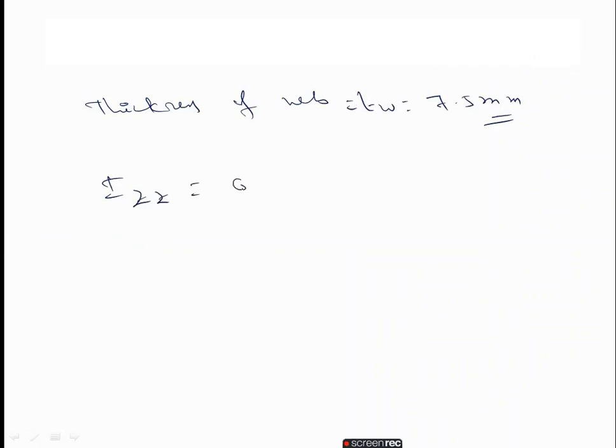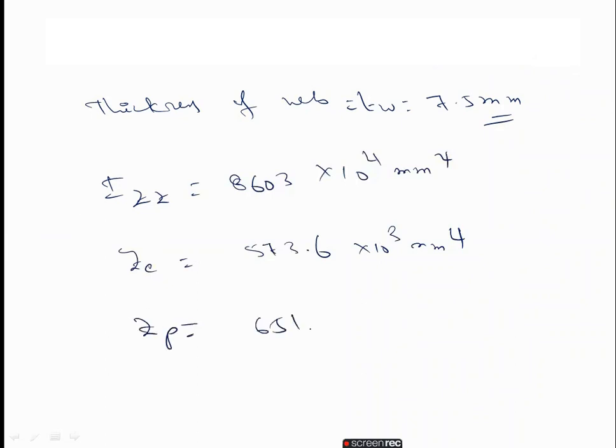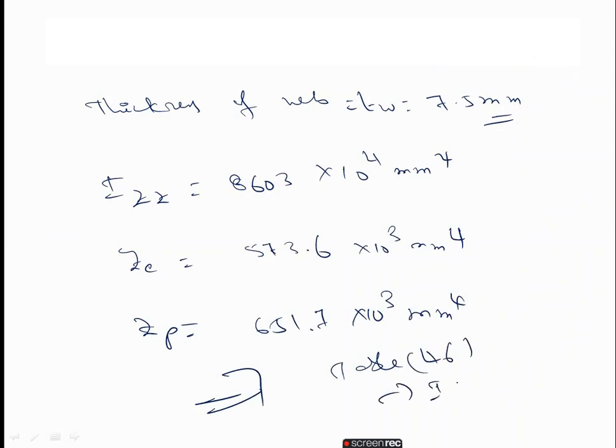The Izz value given is 8603 into 10 power 4 mm power 4, the Ze value, elastic section modulus, is 573.6 into 10 cube mm cube, and the Zp value is 651.7 into 10 cube mm cube. These values we took from table number 46 of IS 800:2007, page number 139.